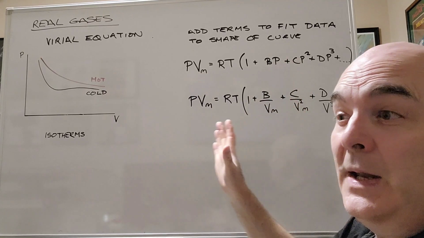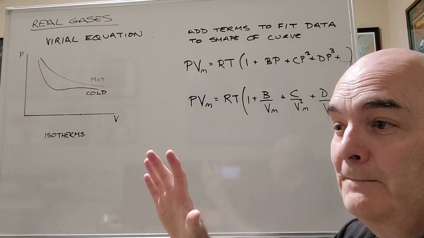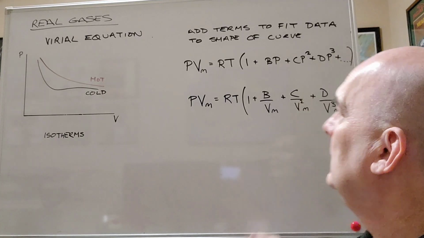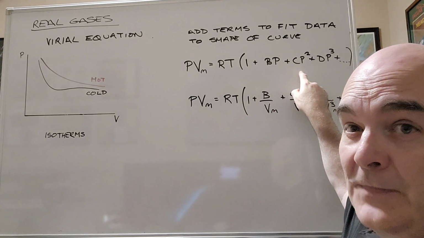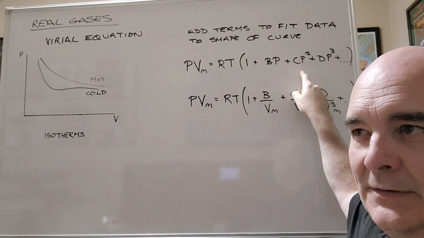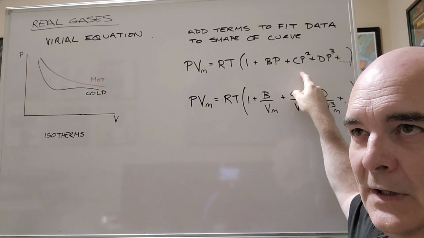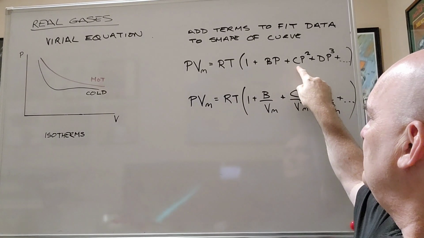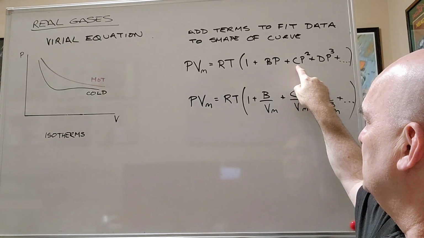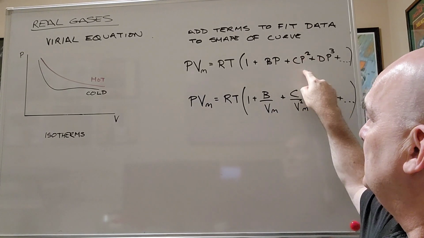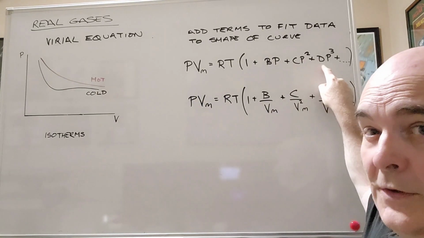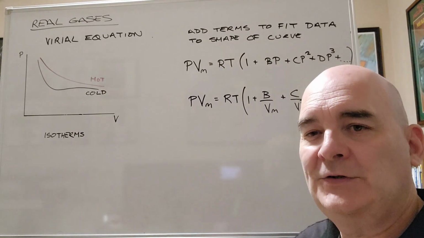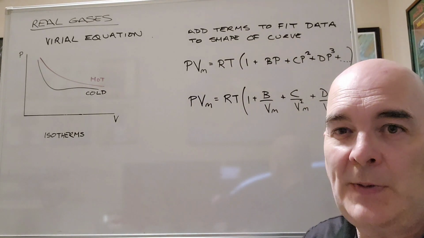And if that makes my data now fit the curve, I stop. If it doesn't, I move on to the next item down in the series, and I find this virial coefficient, and I multiply it by the pressure squared, and so on, and so on, until I have corrected the information so that it fits my experimental graph.